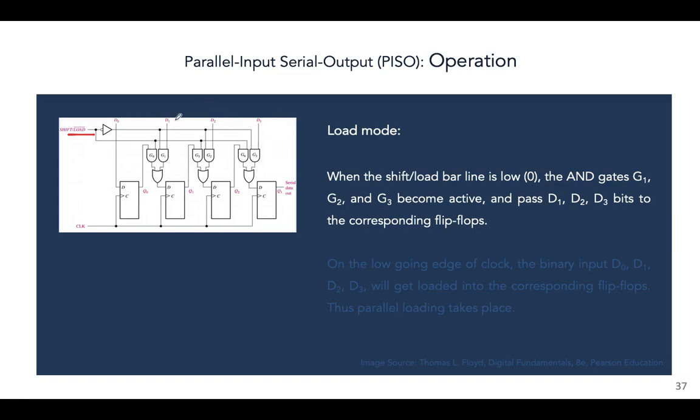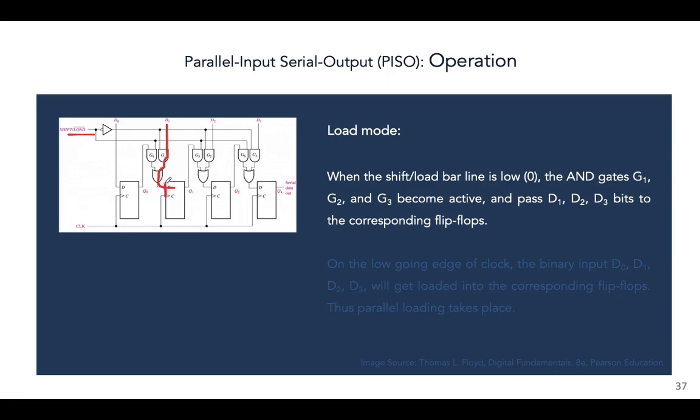This is the 4 bits of your input. D0, D1, D2, D3 are the 4 bits of your input data. There's no restriction on the passage of D0, as you can see in this figure. Nothing is stopping D0. D1, D2, D3, however, have to pass through these combinations. So when G1, G2, G3 are active, they pass D1, D2, and D3 to the corresponding flip-flops. D1, this is open now, so this will pass on to this.